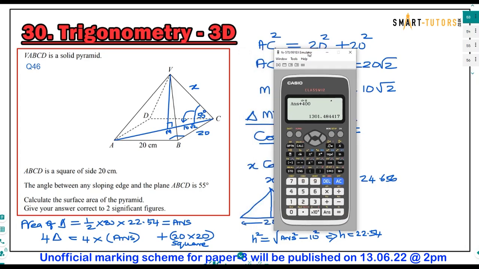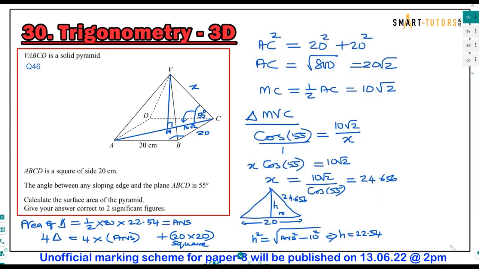So 1301, to 2 significant figures, 1300 centimeter squared is the correct answer.